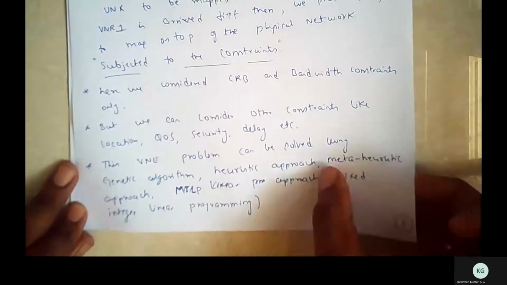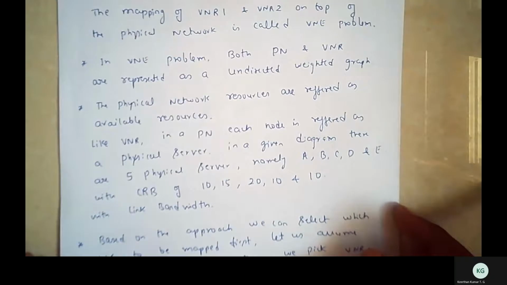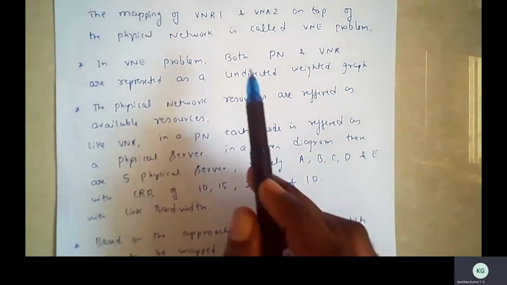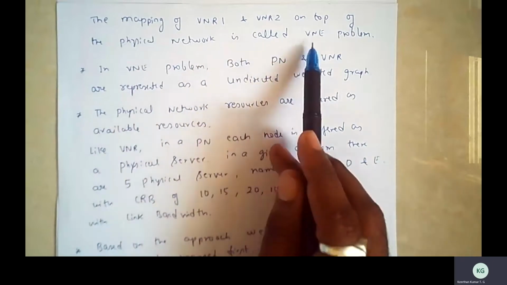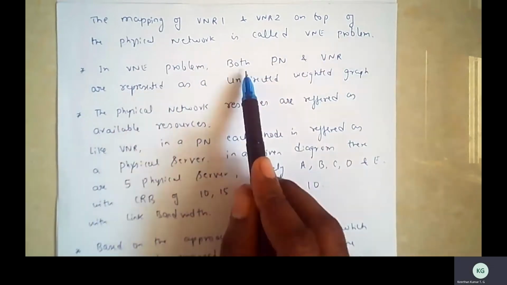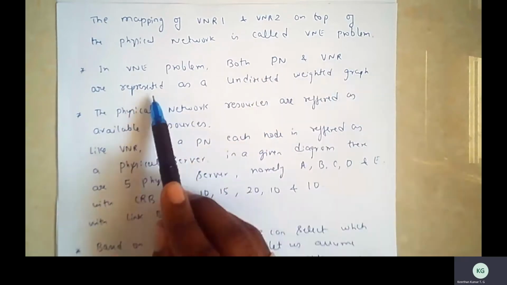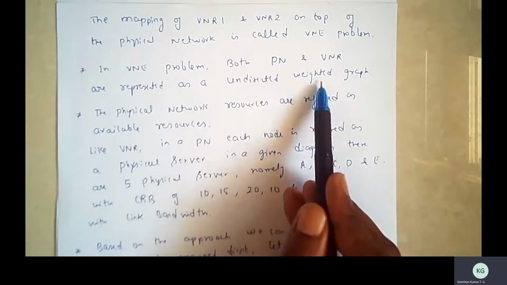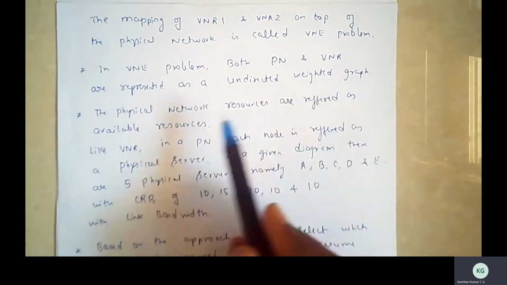Next, the mapping of VNR1 and VNR2 on top of the physical network is called the VNE problem. In the VNE problem, both the physical network and the virtual network requests are represented as undirected weighted graphs, as I showed in the previous slide.